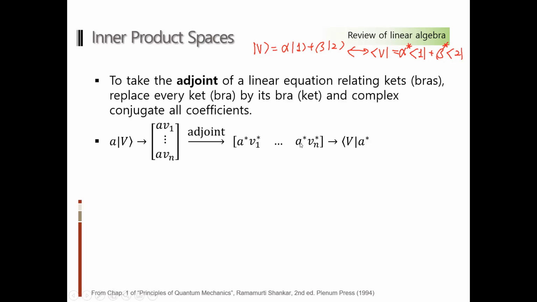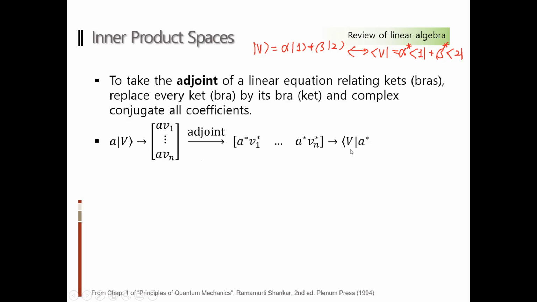And then finally, if we just collect the common factor of a star, the remaining part will correspond to the bra vector of the original vector, and the common factor will be a star, which is the complex conjugation.